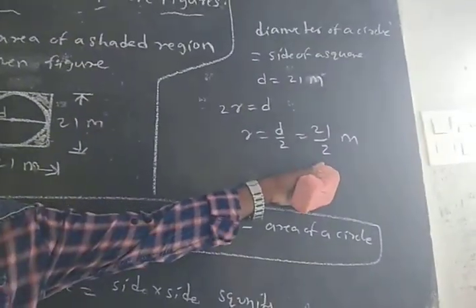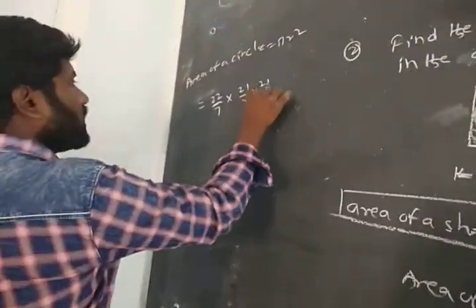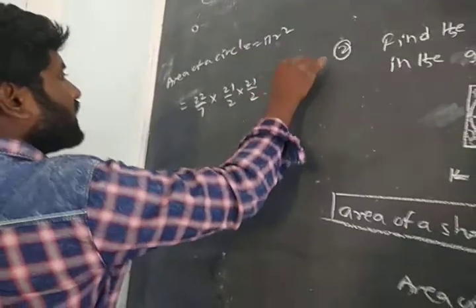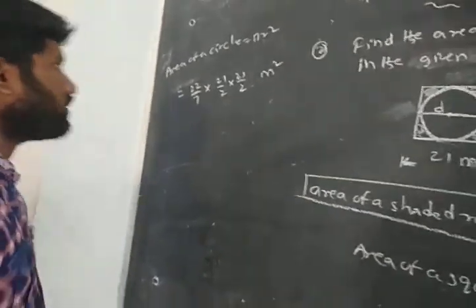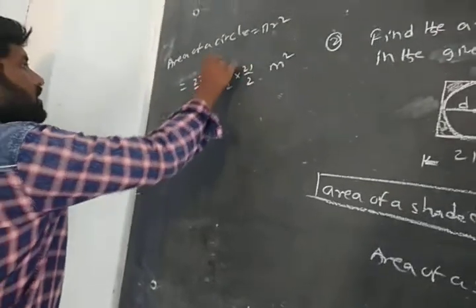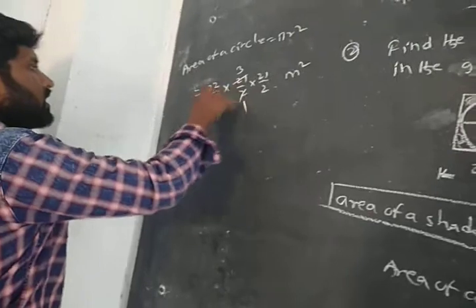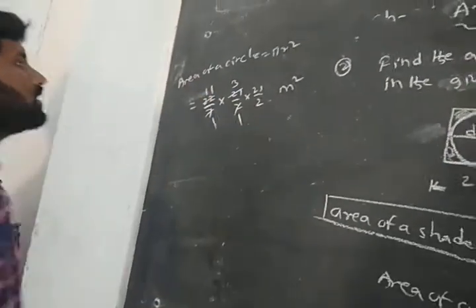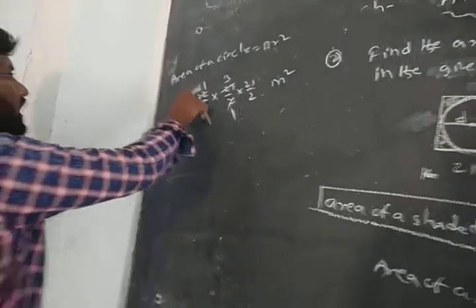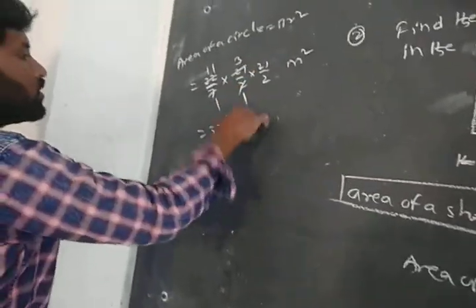We use the r value 21 by 2, so r square means 21 by 2 into 21 by 2. Units are meters, so square meters. By using the 7 table, 7 ones are 7, 7 threes are 21. By using the 2 table, 2 ones are 2, 2 elevens are 22. So I am multiplying 11 into 3, that is 33 into 21 by 2.